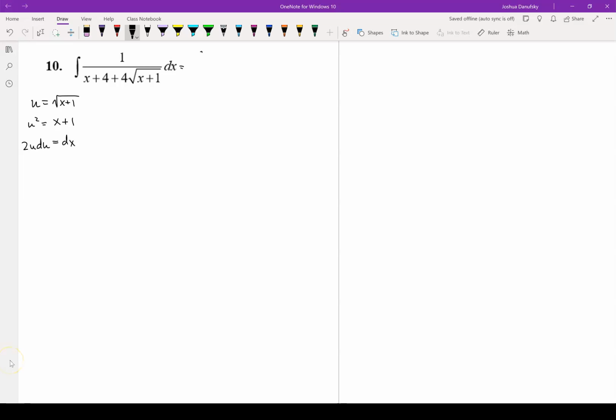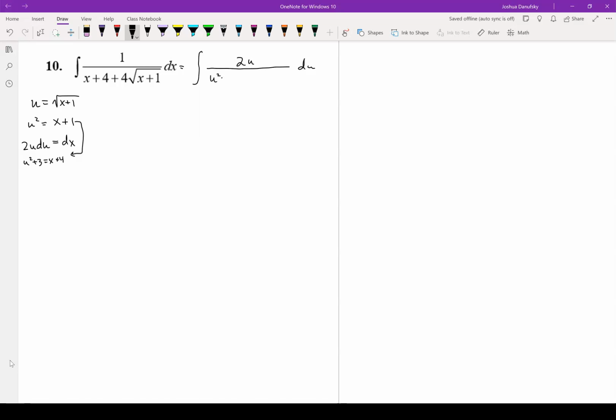So now we can rewrite this as the integral 2u in the numerator du, and in the bottom we have that x plus 4. Well, if we take this and add 3 to both sides, we get u squared plus 3 is equal to x plus 4.